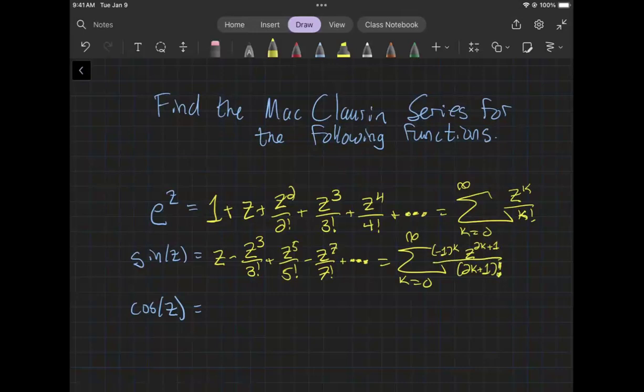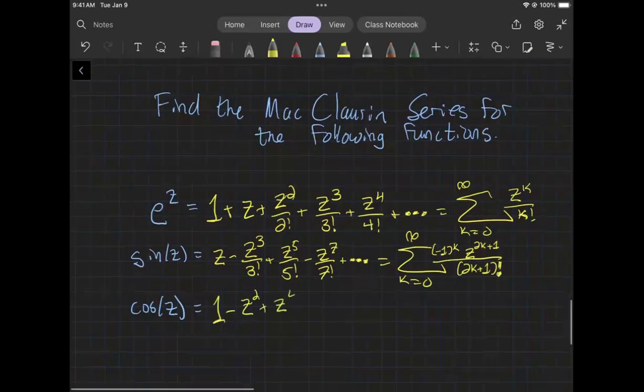And then cosine of z is equal to 1 minus z squared over 2 factorial plus z to the fourth over 4 factorial minus z to the 6 over 6 factorial plus, and this pattern keeps going.